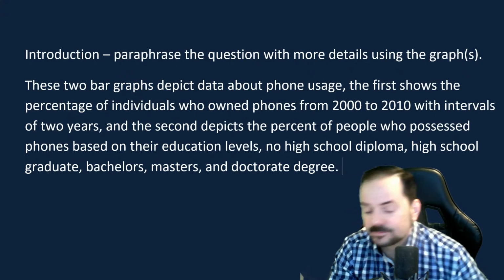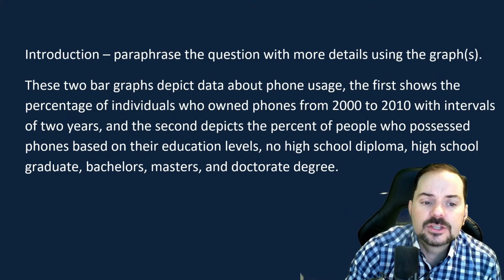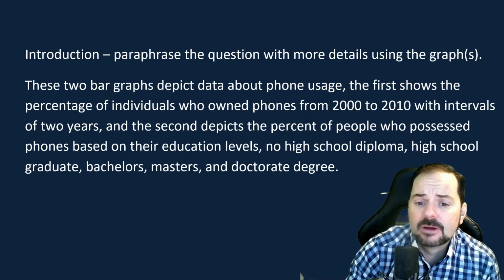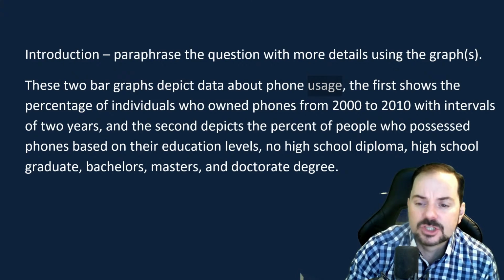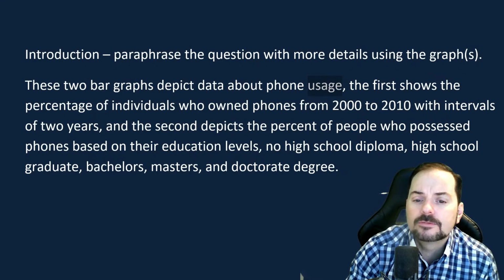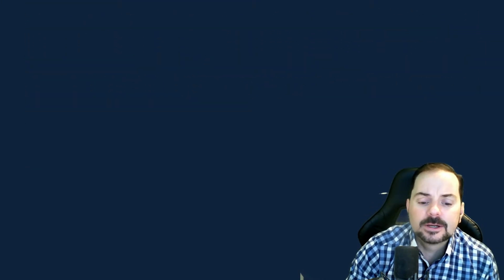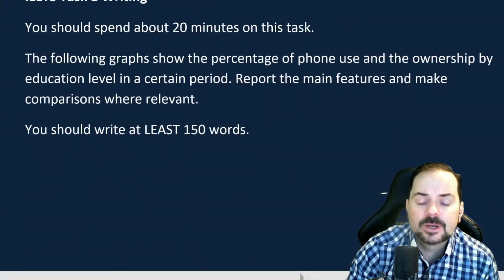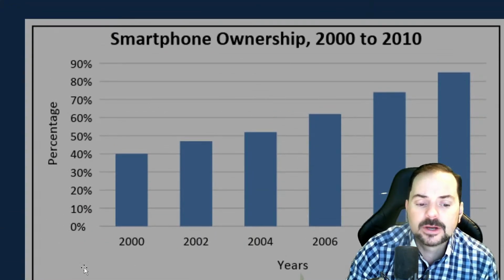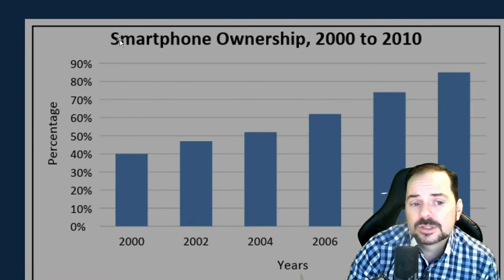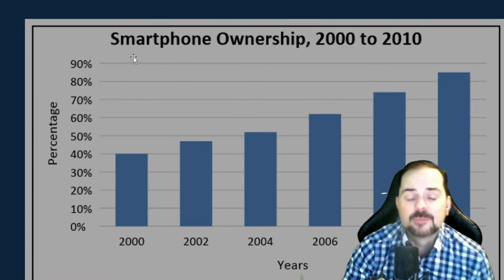So these 2 bar graphs depict data about phone usage. Notice I'm using it here as a noun. The first shows the percentage of individuals who owned phones from 2000 to 2010 with intervals of 2 years. I'm just letting the reader know that I'm very clear about what I'm looking at. Notice that it says smartphone, so as soon as I notice a detail like smartphone, I'll upgrade my writing.